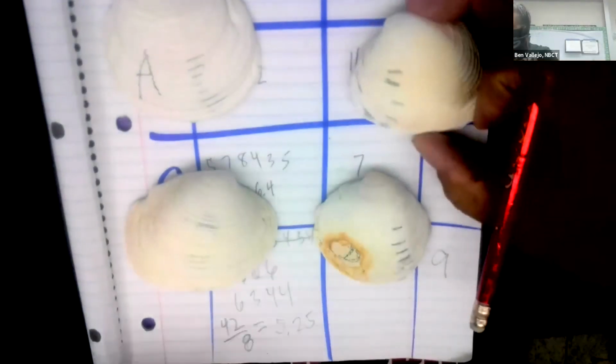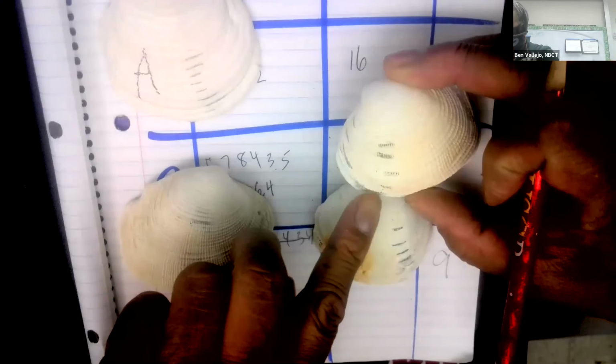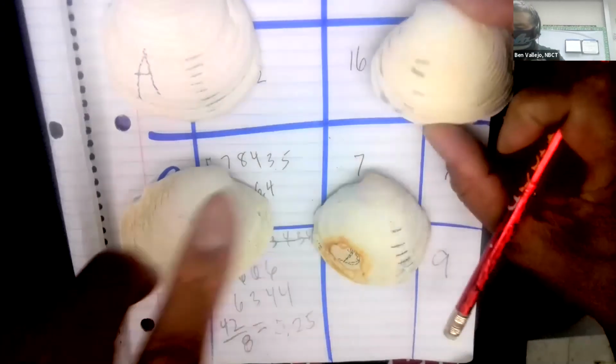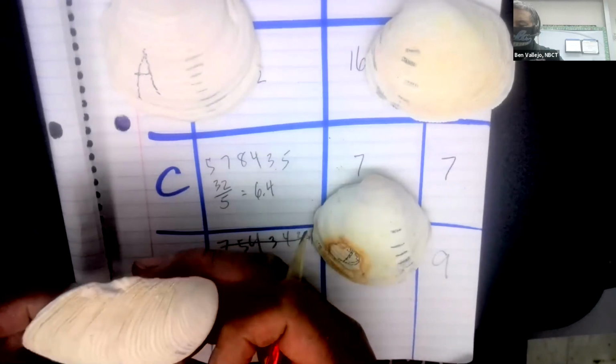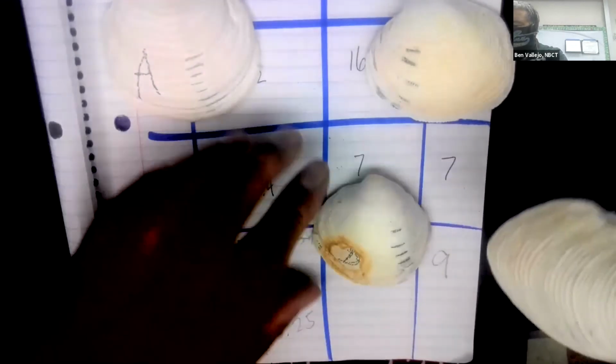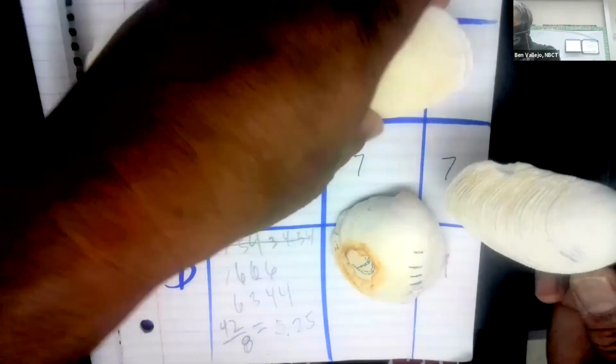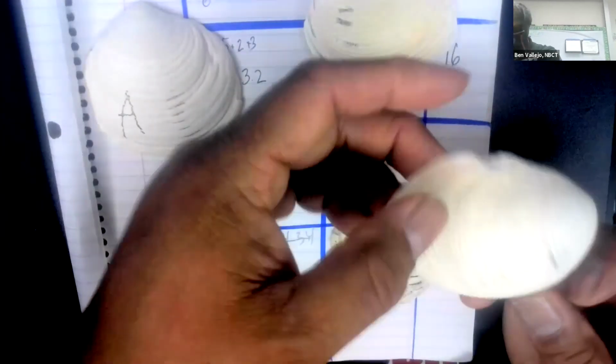And then what's this one? 1, 2, 3, 4, 5, 6, 7. And this one was 1, 2, 3, 4, 5, 6, 7. They're both 7. So, oh, this must have been the 16.